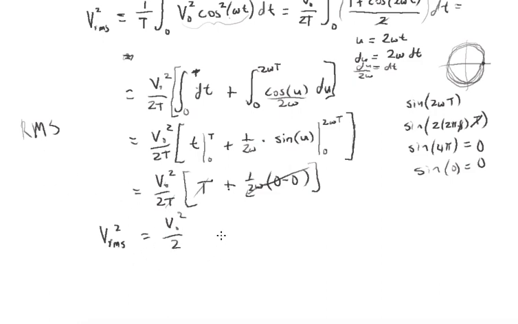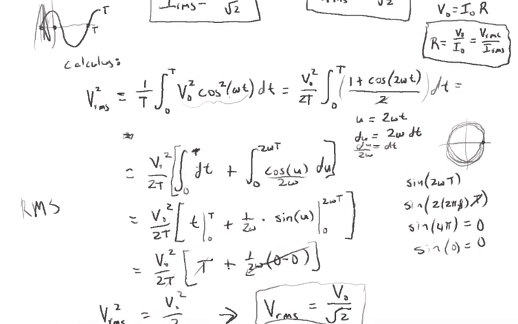So you take the square root, and you get V RMS equals V naught over the square root of 2. And that's exactly the equation I gave you up there. If you didn't understand it because you haven't done integration very much yet, just hold on to this video, come back and watch it once you've done integration, and it'll make more sense to you.